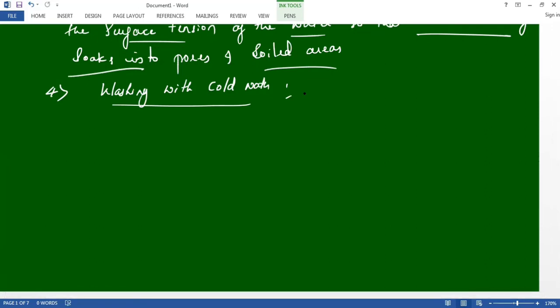If you boil the water, the surface tension of the liquid will be reduced. Ultimately, the clothes can be washed easily, right? It is a better wetting agent. But if detergent is added, it is unnecessary to heat the water, because even the detergent will lower the surface tension of the liquid.